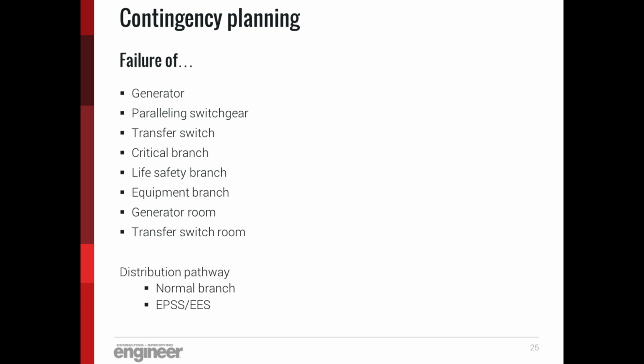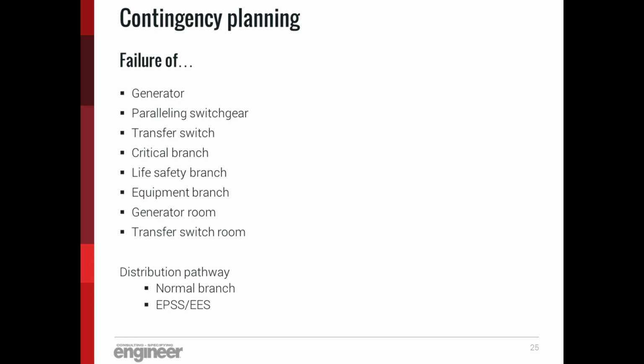Over the years, I've heard a number of people say, I don't care about the normal power because I've got a generator. Well, the fact is that whether you have a generator or not, whether you have emergency power to a transfer switch or not, the transfer switch has to operate properly when it's required to, or as long as it's required to.